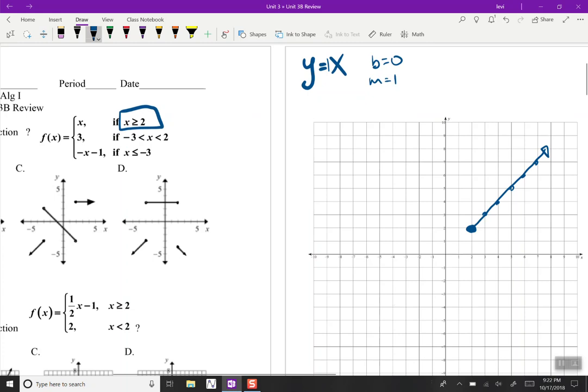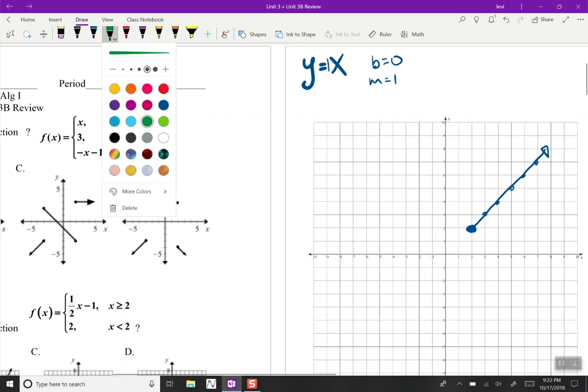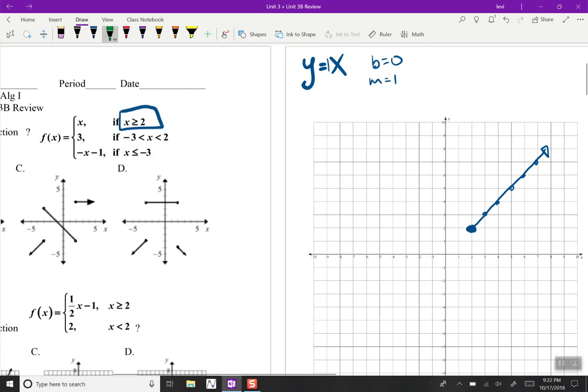So now our next portion says f of x or y equals 3. Well, what kind of line is that? That's a horizontal line, where all our y values are 3.